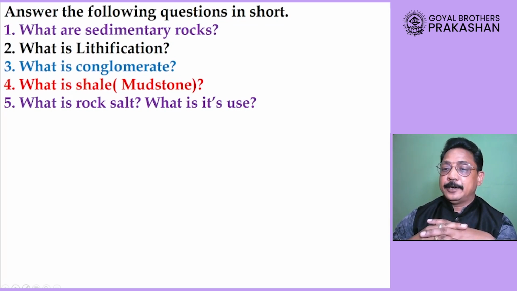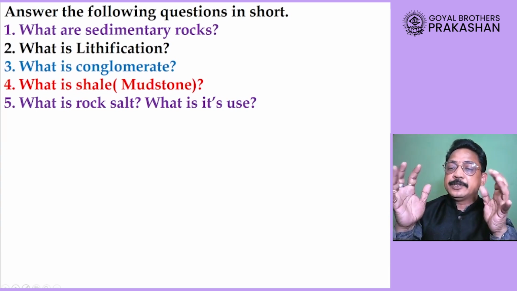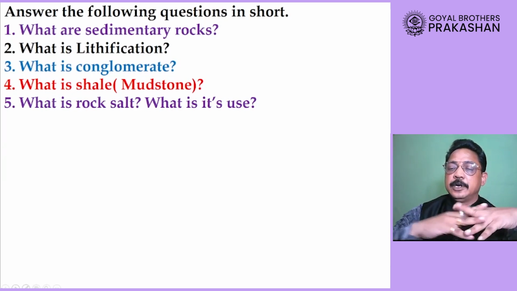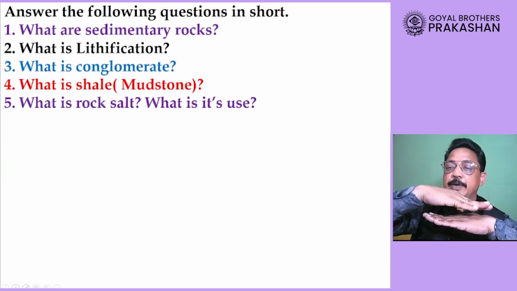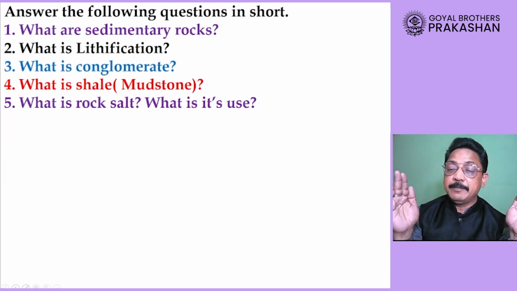Sometime back in this MCQ based question we had seen this. Conglomerate is again a formation of rock, dear student, in which pebbles and gravel, or you can say the small stones which are present in water, start getting stuck to one another under the pressure of above layers and water, and also because of the cementing material.